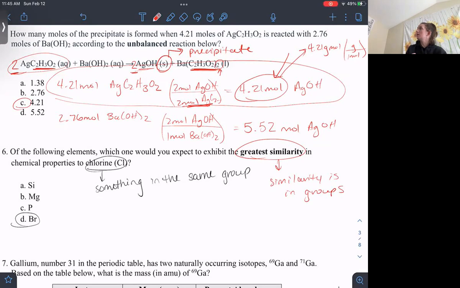Group 2, beryllium, magnesium, calcium, those are all similar, stuff like that. So going down the periodic table like this, those will determine your similarity between them. Yep, groups are up and down. Your periods go across, and then your groups go up and down.